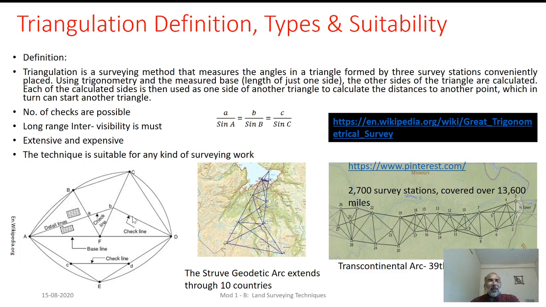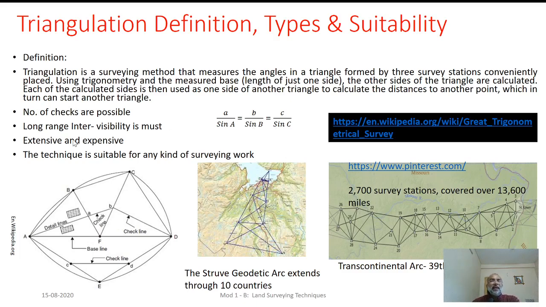So here, in order to work out this length DF, one can follow the route through this network, through this network, or through this network. As such, here we can make use of a number of checks on the computations that we'll be doing.